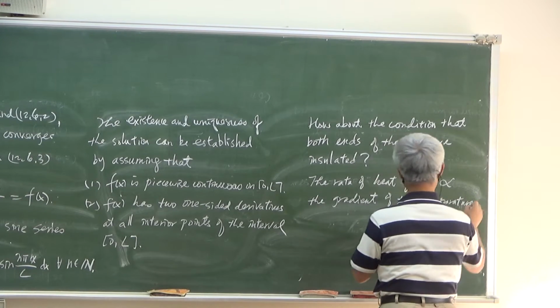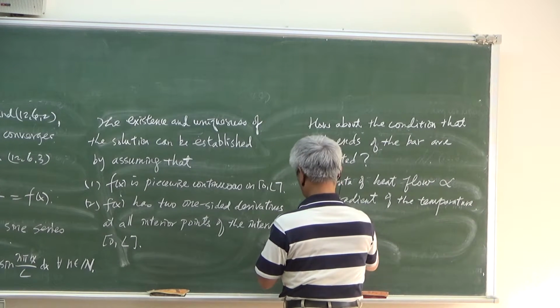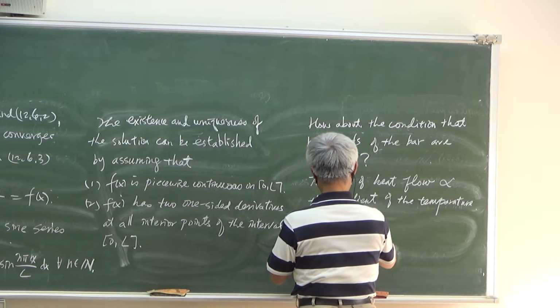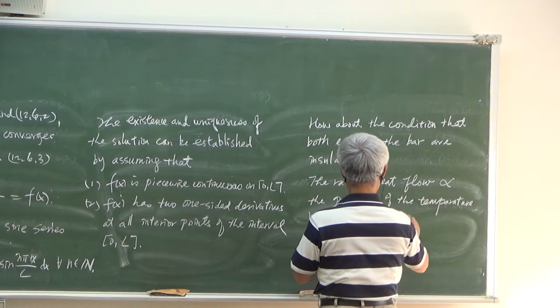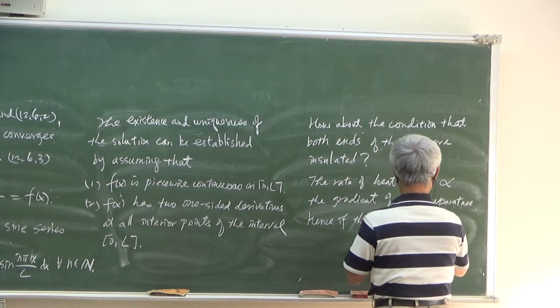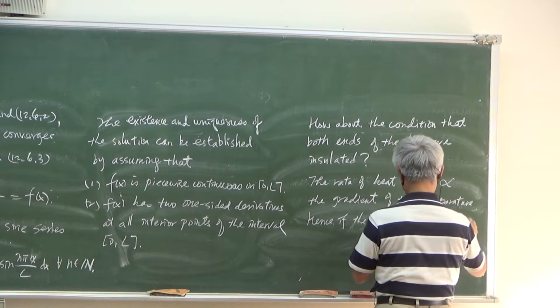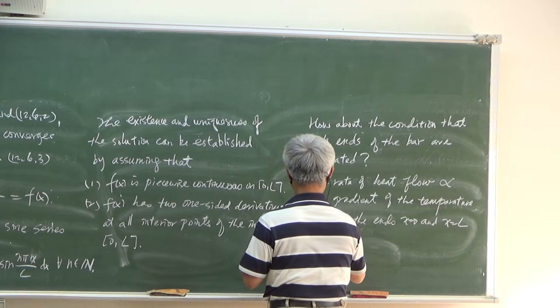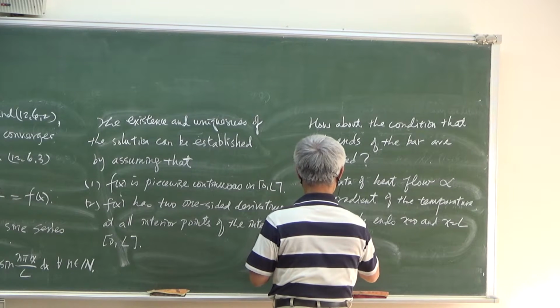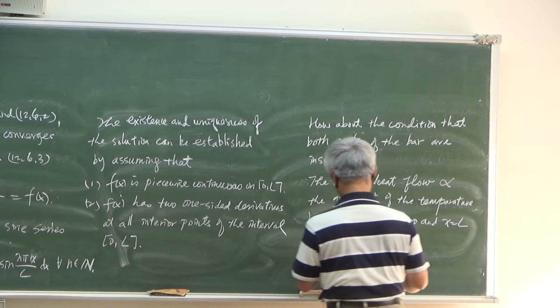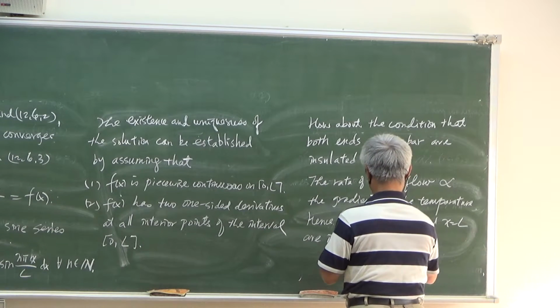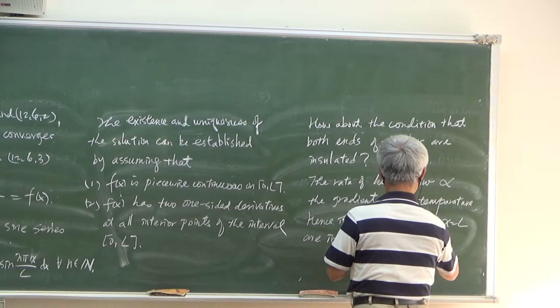So, hence, if the ends x equal to 0 and x equal to L are insulated, okay, that means no heat flow.